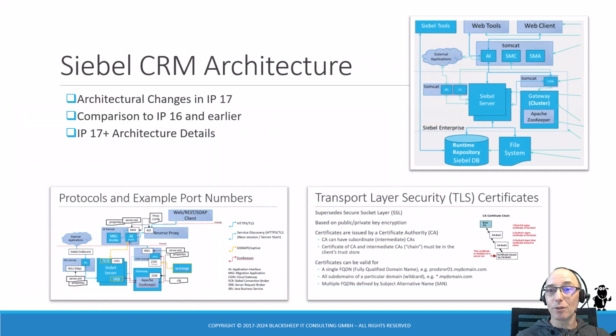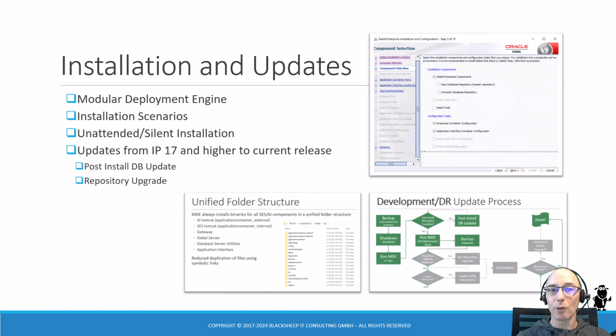The architectural introduction, of course, is important. You need to understand as an architect or administrator all the changes that came with IP17. So we'll compare this to IP16 and earlier and discuss all the nitty-gritty details of the Siebel CRM modern architecture. You will learn how to use the modular deployment engine to install and update Siebel CRM.